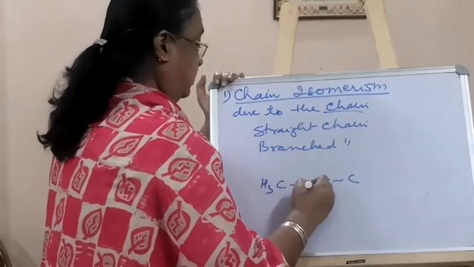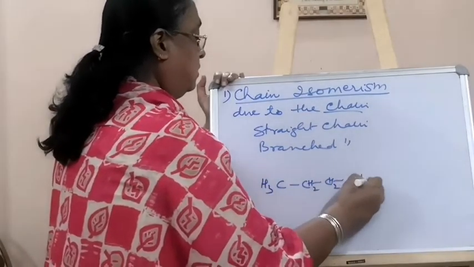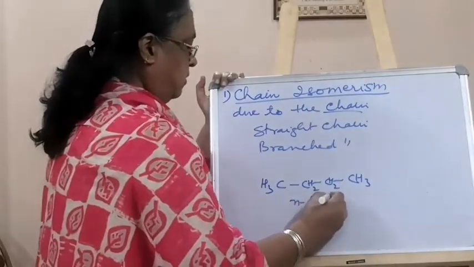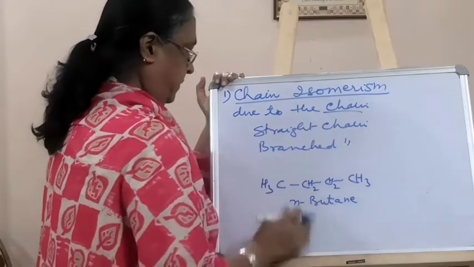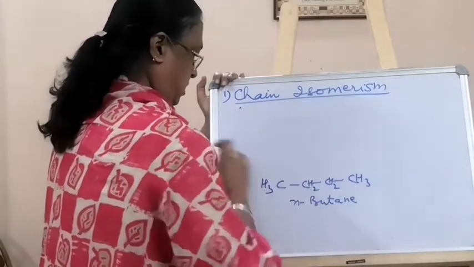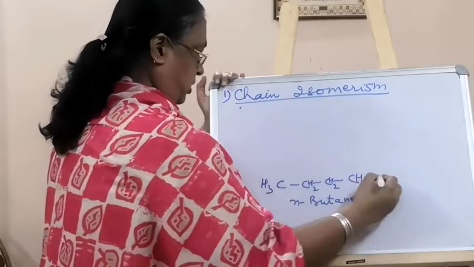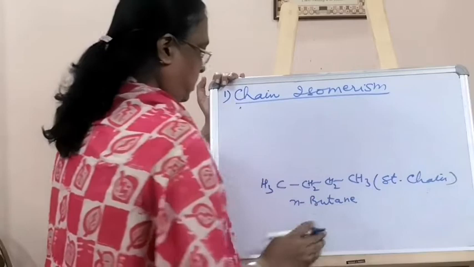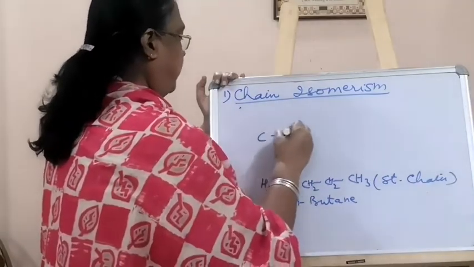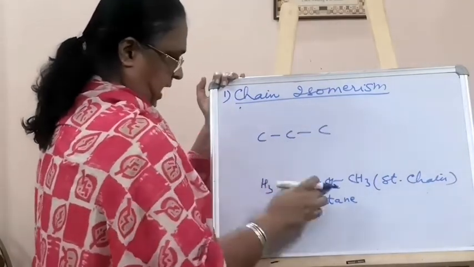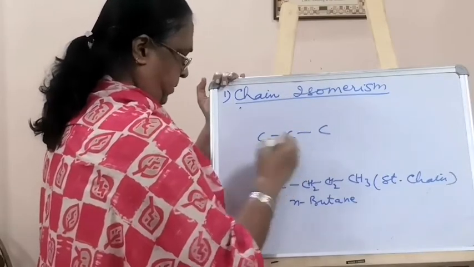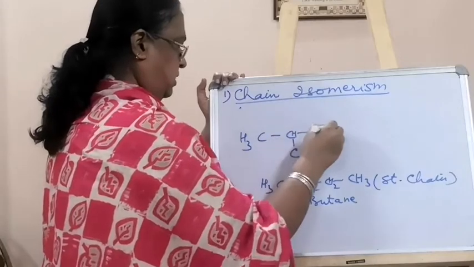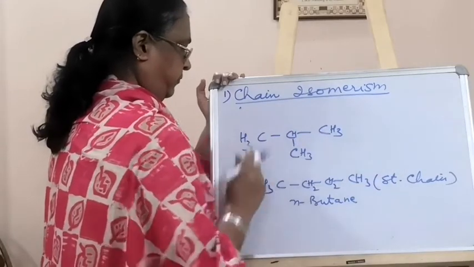So if I write the structure, this is butane and called n-butane. This is your straight chain isomer. Then if I reduce the chain by 1 carbon, I branch. So I have CH3, CH, CH3, CH3.